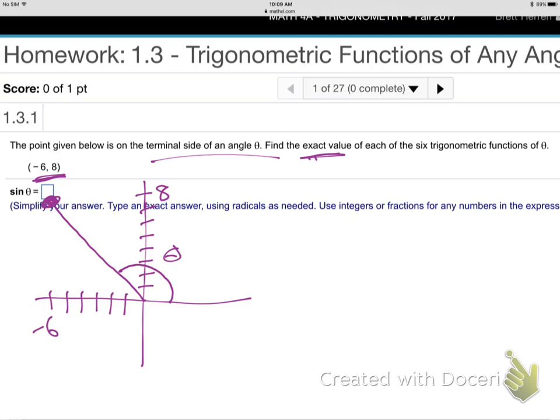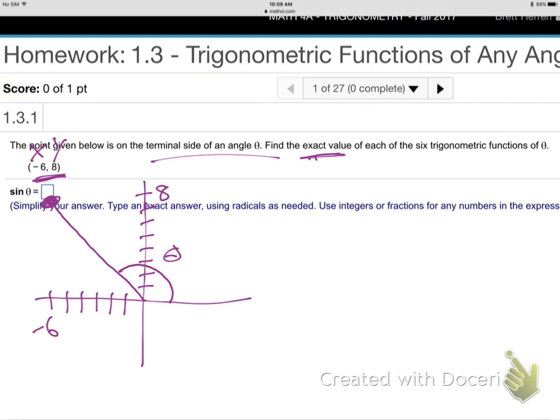So we're going back 6, up 8. This is the x, y coordinates of a point. It's back 6, up 8, and there's the angle theta to that location. And by the way, why did I make the angle theta here instead of down here?